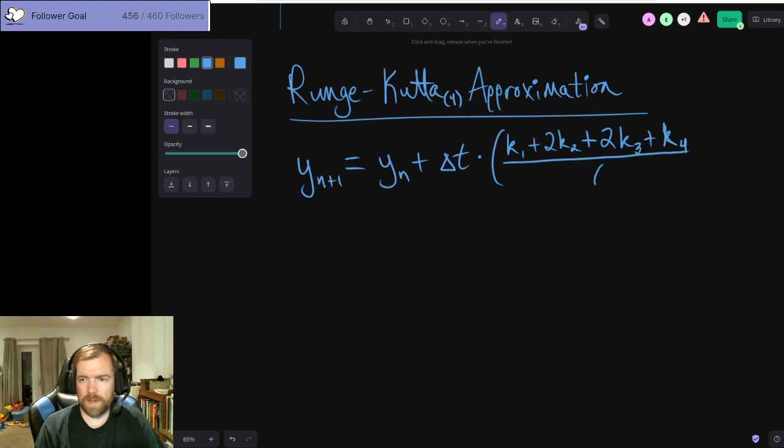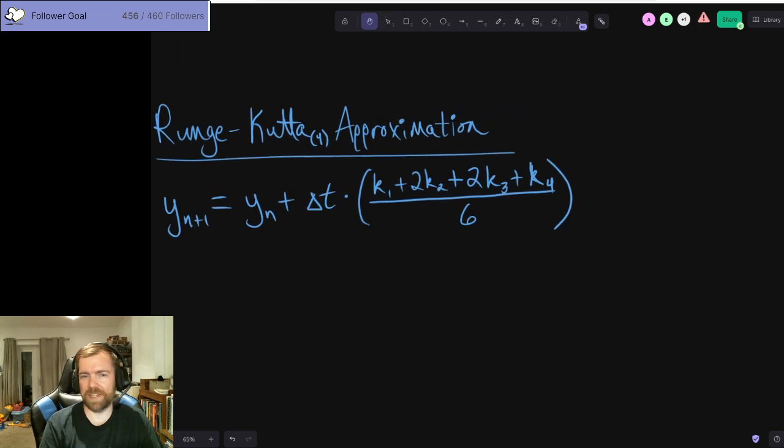Right, and if we look at how the weighted average is structured, then again, hey, this is reminiscent of something else from Calc 2. This is Simpson's rule. Yeah, it looks pretty much identical.